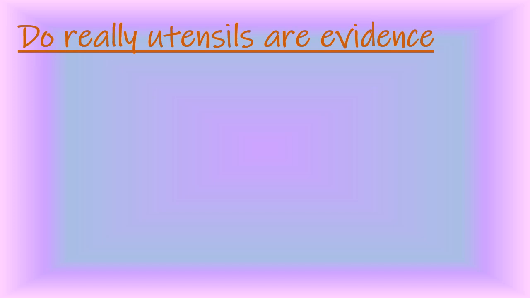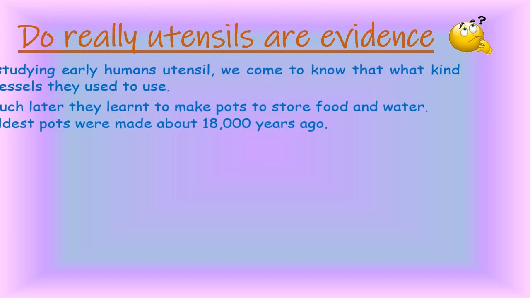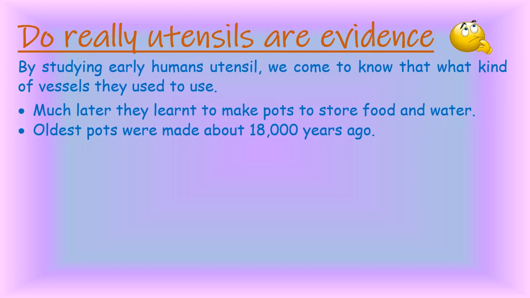Now, let's talk about utensils. Do really utensils are evidence of our past life? Yes. By studying early humans' utensils, a scientist can tell us that what kind of vessels they used to use and what are the different purpose.